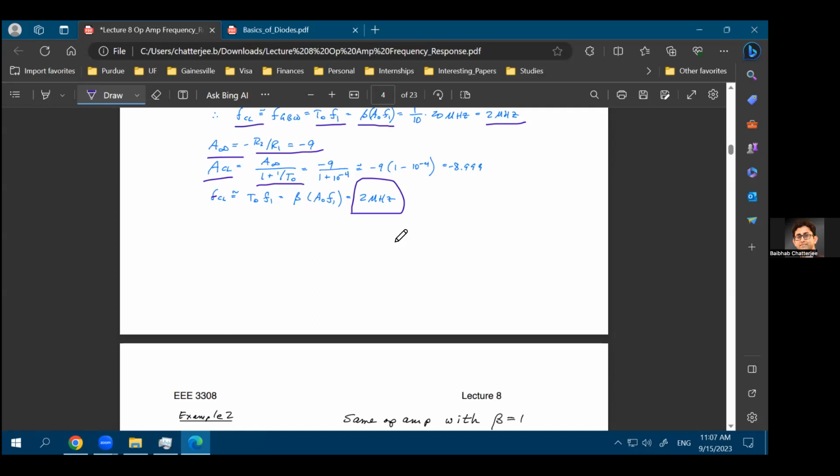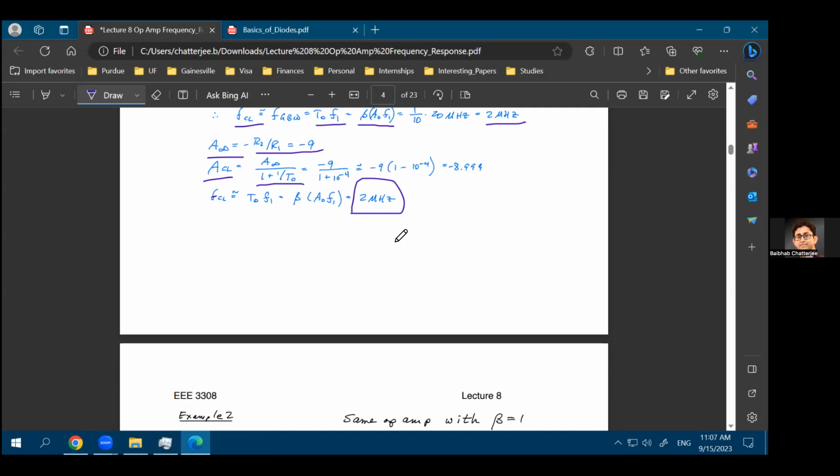And what is the characteristic of this portion of the curve? If the frequency increases by 10 times, the gain will reduce by 10 times. So gain multiplied with bandwidth will always remain the same anywhere on this curve. If the gain reduces by X amount, the bandwidth will increase by X amount.